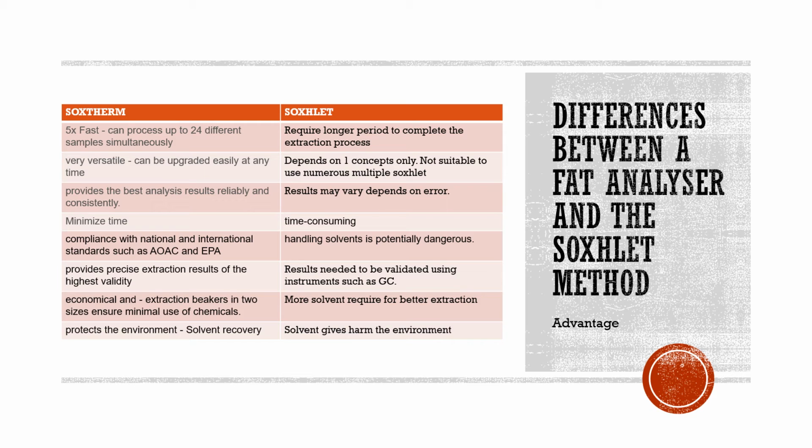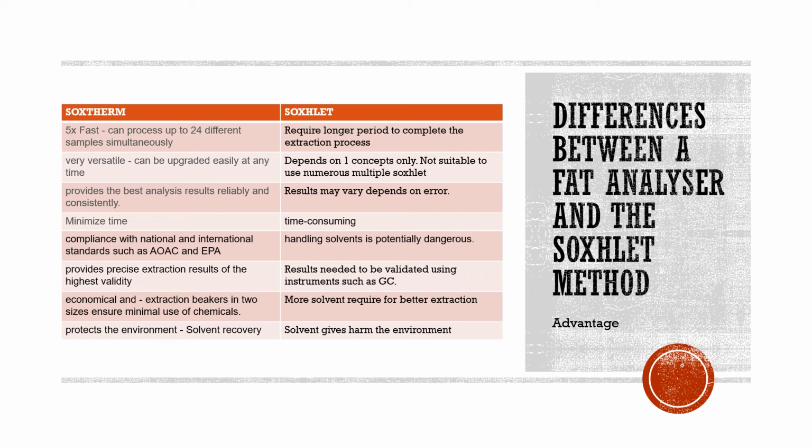Because first, system is 5 times faster, which can process up to 24 different samples simultaneously. But salt slag requires a longer period to complete the extraction process. System is very versatile because it can be upgraded easily at any time. But salt slag only depends on one concept only, not suitable for numerous multiple salt slag.